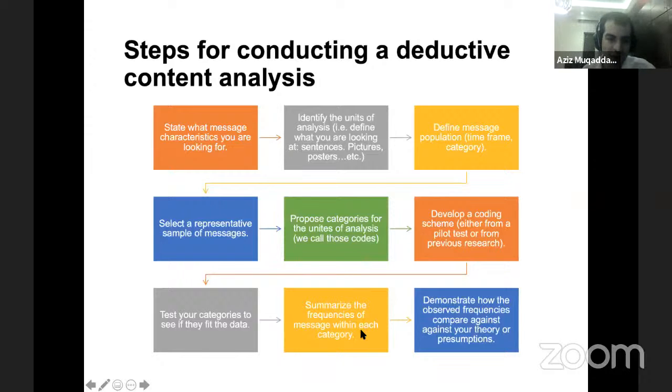So we applied it to speeches of 500 politicians. What percentage of their speeches would have a pessimist tone, and what percentage would have an optimist tone? Okay, that's only one example.